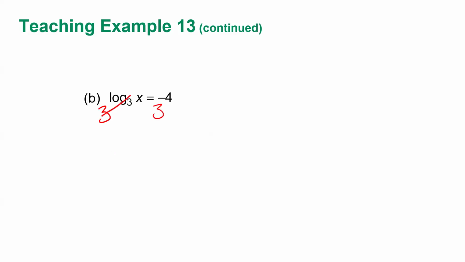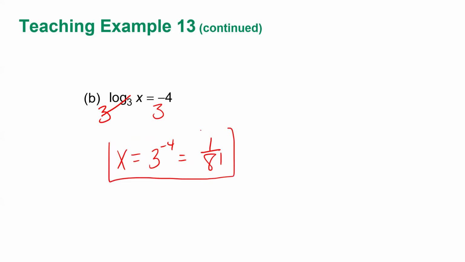So it cancels out, and we're left with x equals 3 to the negative 4, which is what? 1 over 81. Good job. Why is it 1 over 81? Because it's a negative power.